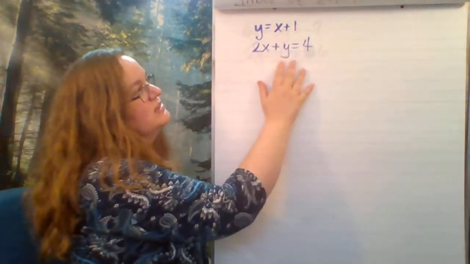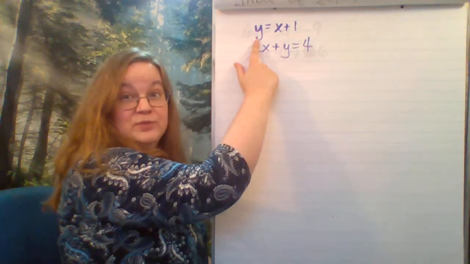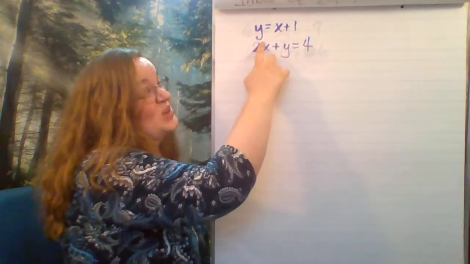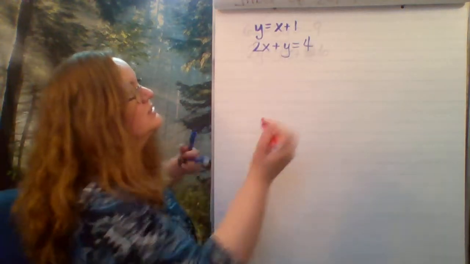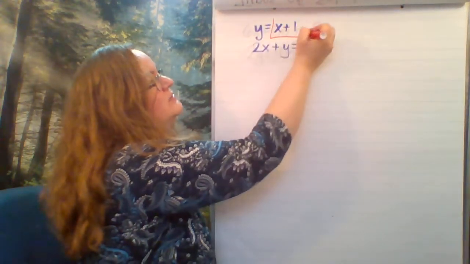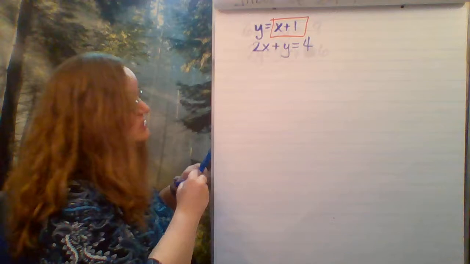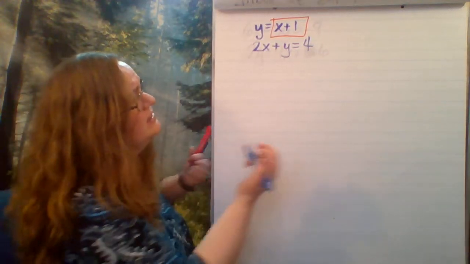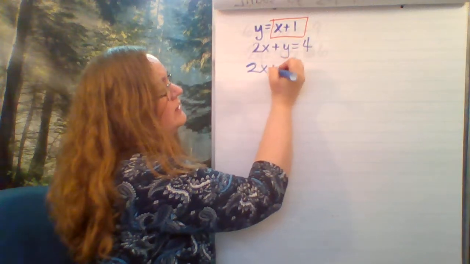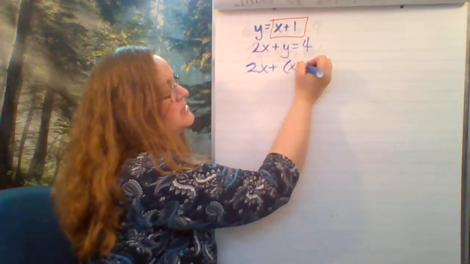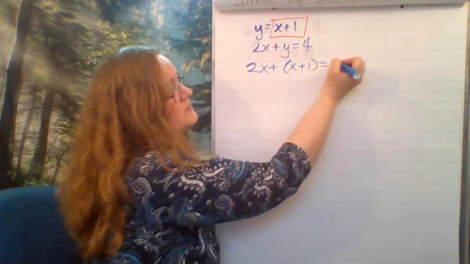All right, so if I look at these steps, this is already solved for y. So since it's already solved for a variable, I don't have to solve for that. So I'm going to look at what y is equivalent to, in this case x plus 1, and I'm going to go ahead and solve it by substituting it in for y. Again, I'm going to get in the habit of always substituting into parentheses.